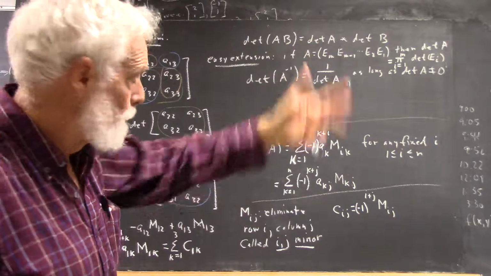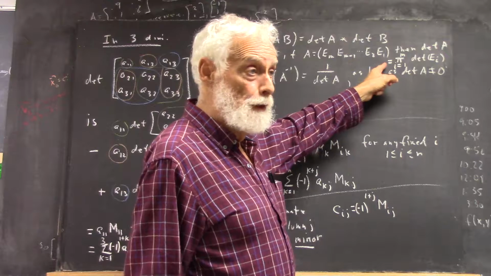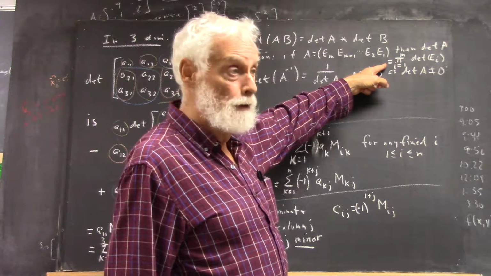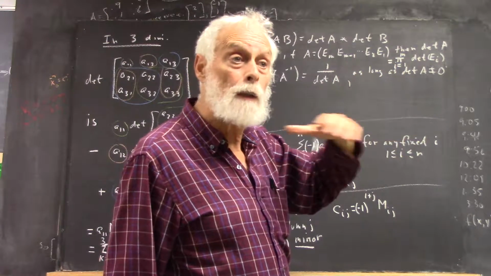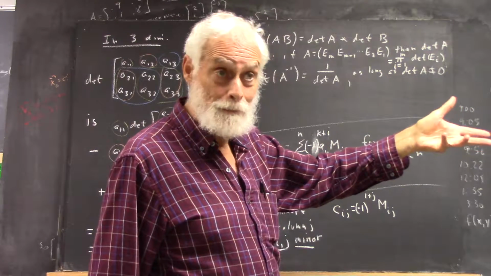And that is handy, because the determinants of elementary matrices are very simple. I think I said it on tape, but I'll say it real quick. If you take the identity matrix and multiply one row by a number, the determinant is that number.